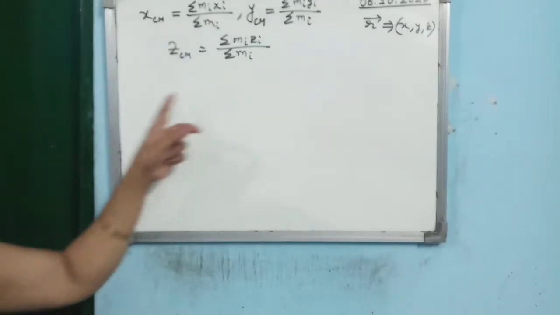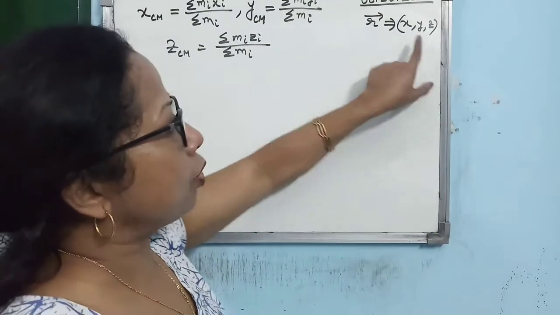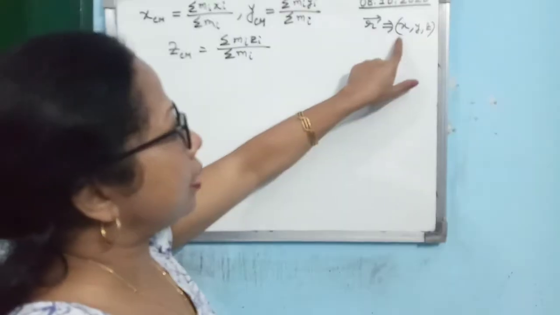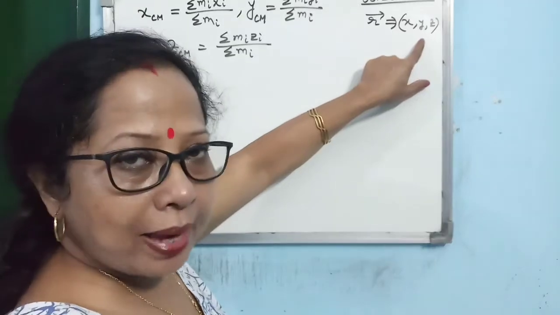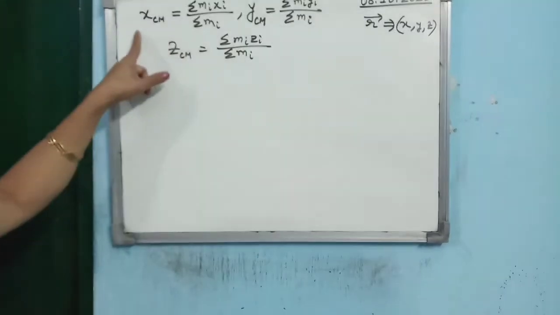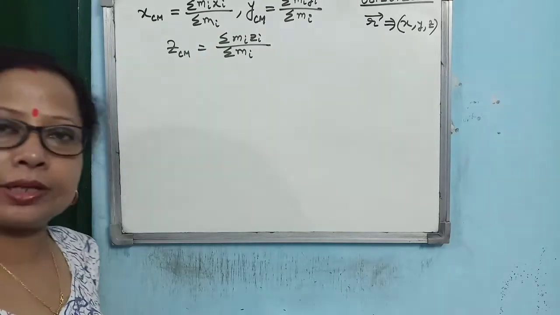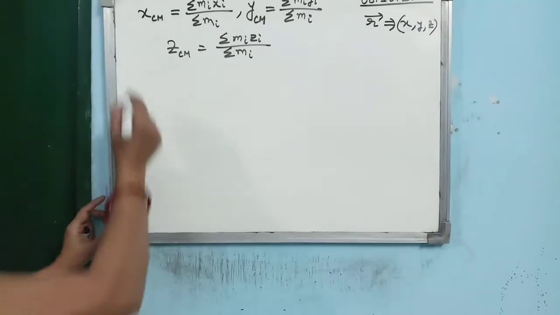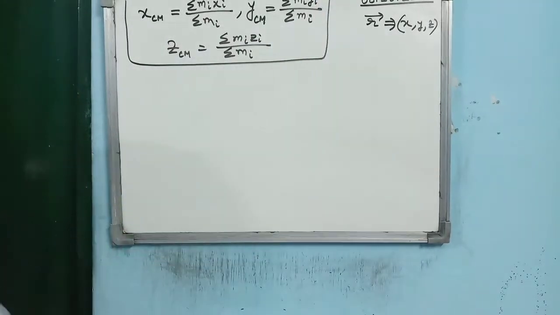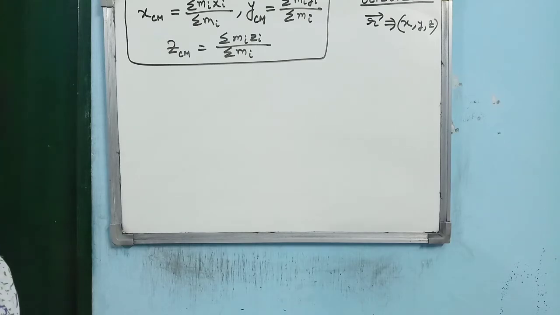If the position vector has only 2 coordinates, then only x and y you have to write. If the particle is in a three-dimensional system in space, then it will have 3 coordinates, and the 3 coordinates of the position vector of the center of mass you can obtain from this. So these are other relations you are supposed to remember, learn and practice for solving numericals.